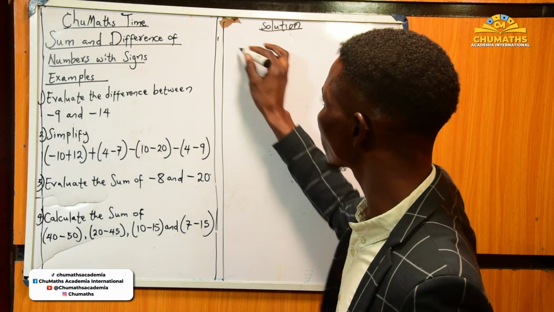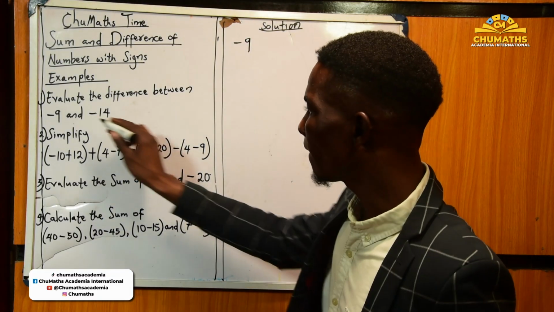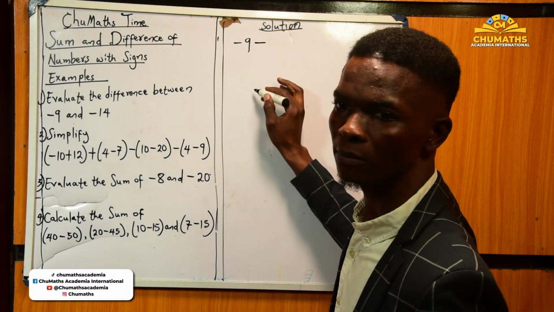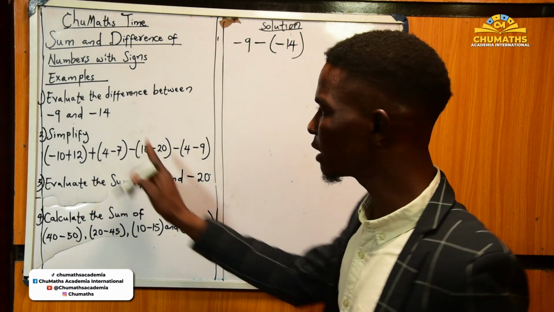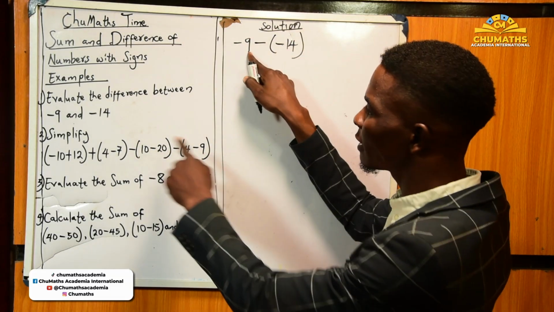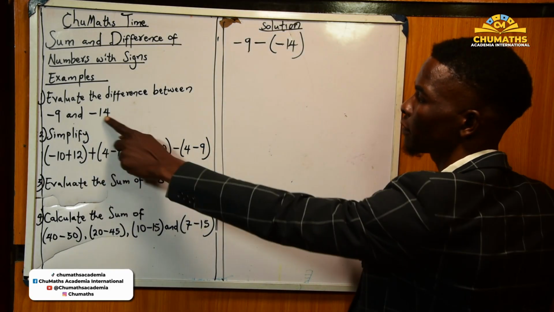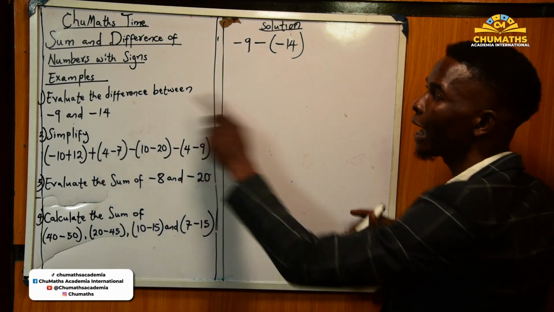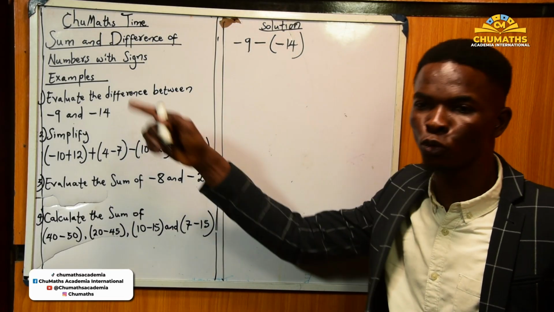So there's already minus 9, then minus 14. This minus 9 is from here, and this minus 14 is from here. Now, this minus will enable us to get the difference which we are asked to get.